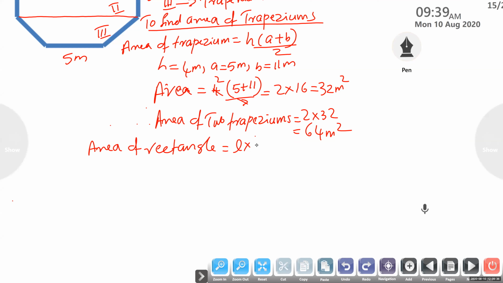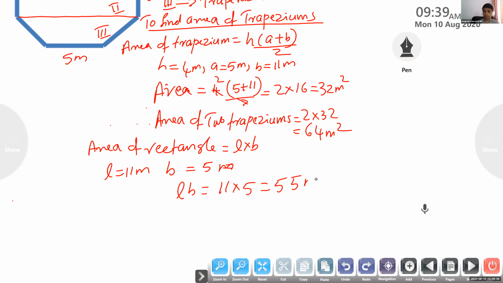Length into breadth, LB. L is? See the figure. How much is L? L equal to 11 meter and B equal to 5 meter. So LB equals 11 into 5, 55 meter square.